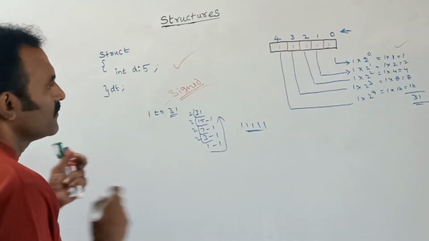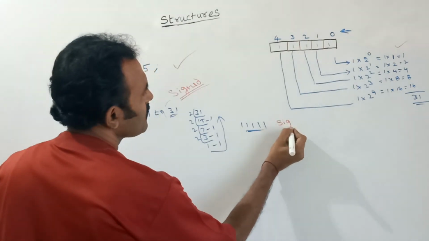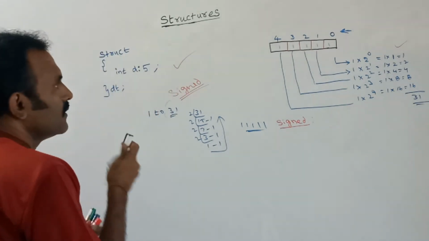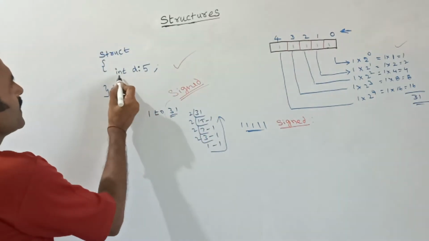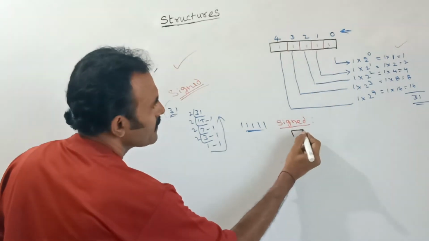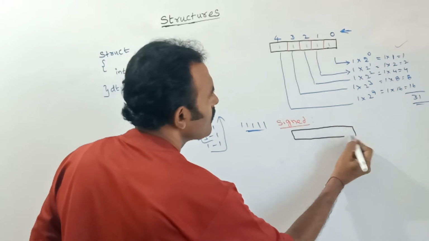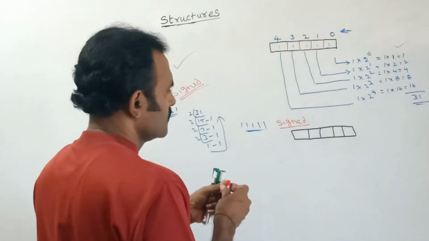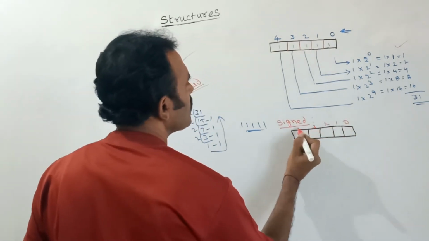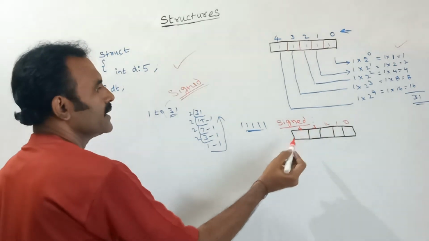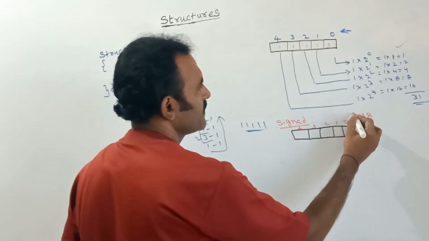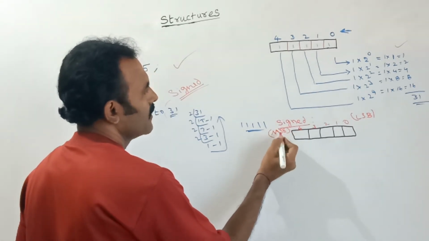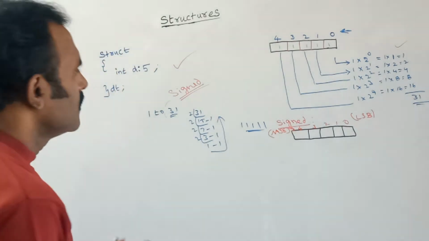Let us see about this signed one. If you are using it like this, then this is the sign bit. Here 0, 1, 2 and 3. This is known as the least significant bit, then this one is the MSB. This we already had seen. This MSB is the fourth bit.